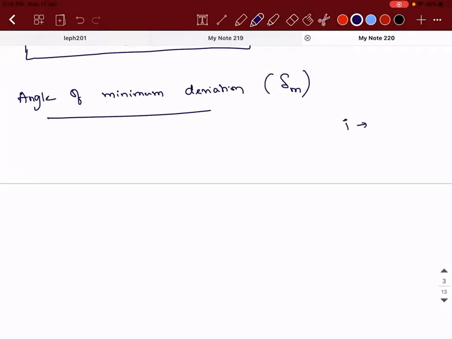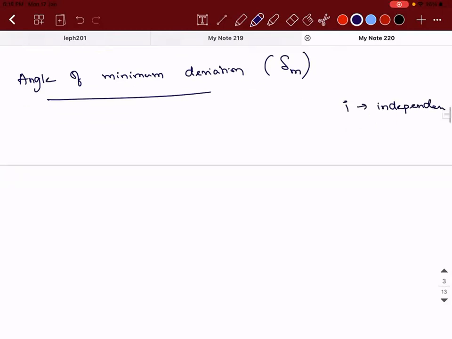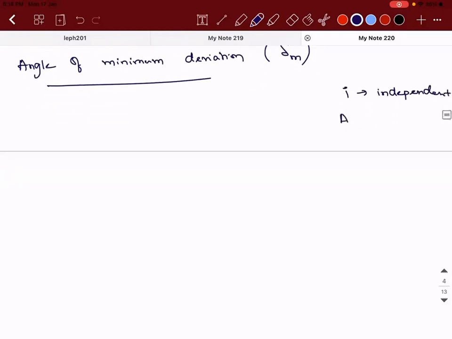If you observe, I is independent, in the sense we have control over it. The angle of prism is independent. E is dependent, in the sense the angle of emergence cannot be controlled by us. So the angle of incidence and angle of prism are under our control, but the angle of emergence is completely dependent on what input value you give.